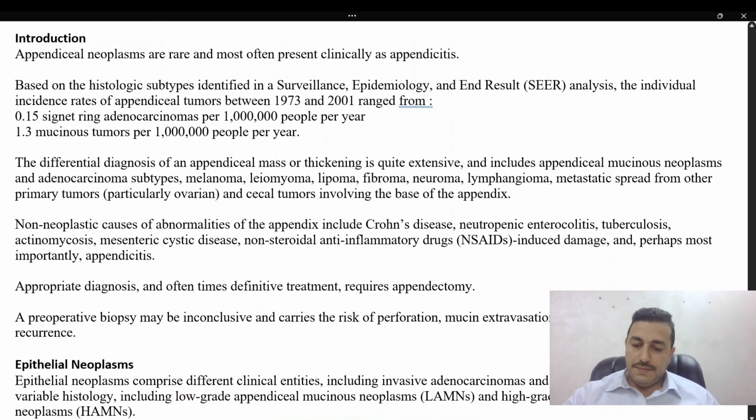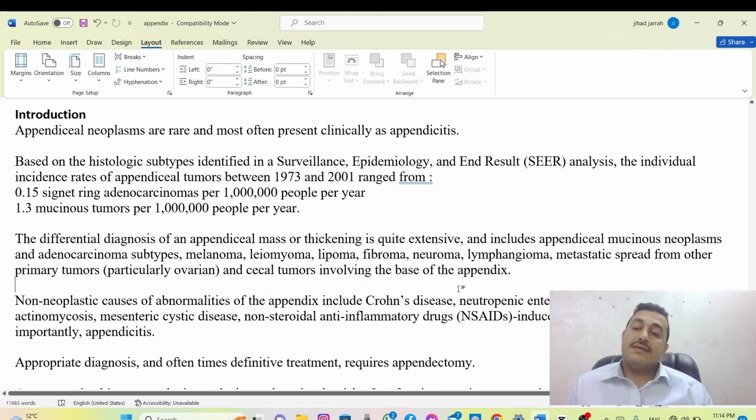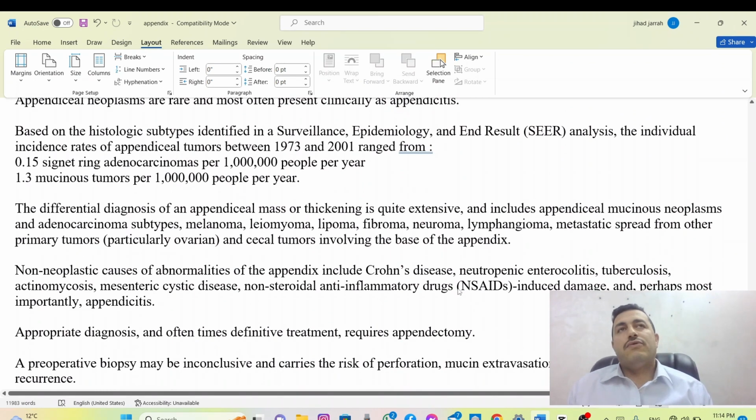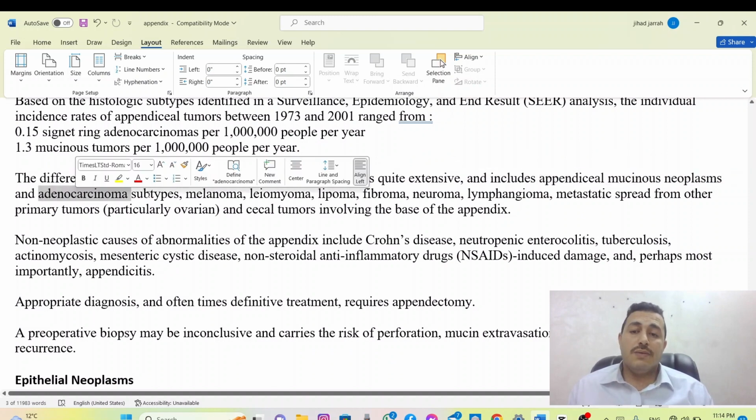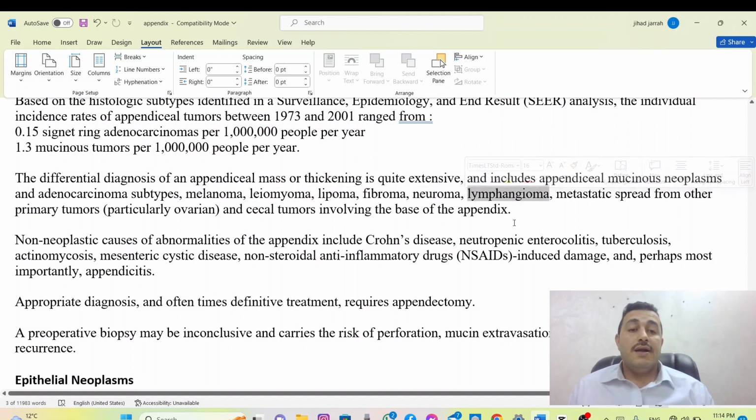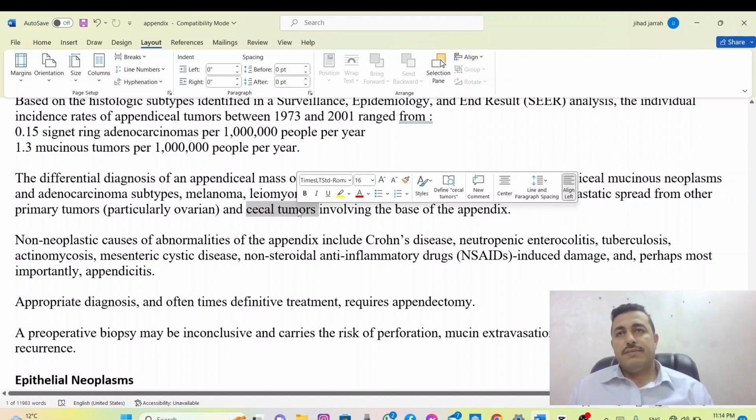Okay, here they just discuss the differential diagnosis, and for the fourth or fifth time I said it's hard to detect on imaging that this is cancer. It's a histopathological exam. The differential diagnosis of appendiceal mass or thickening includes appendiceal mucinous neoplasm, adenocarcinoma, melanoma, leiomyoma, lipoma, fibroma, neuroma, lymphangioma, metastatic spread especially from the ovaries, and cecal tumor. It could be phlegmon, simply.